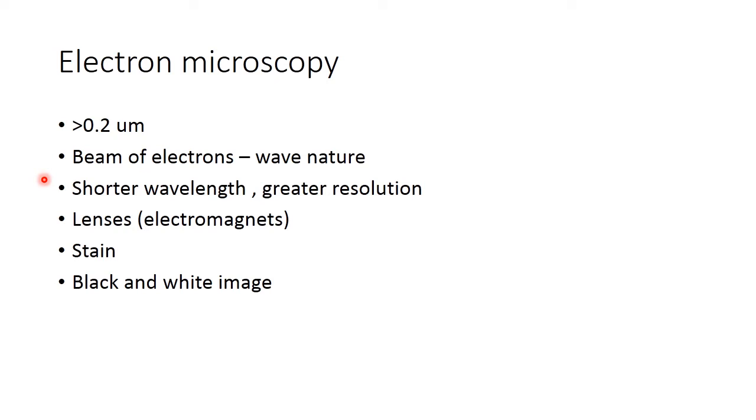Now when the beam of electrons is incident onto the specimen which is not stained, the beam of electrons cannot interact with the specimen properly. However, when the specimen is stained or coated with these electron dense substances, then the part of the specimen which contains the electron dense substance is going to interact and deflect the beam of electrons.